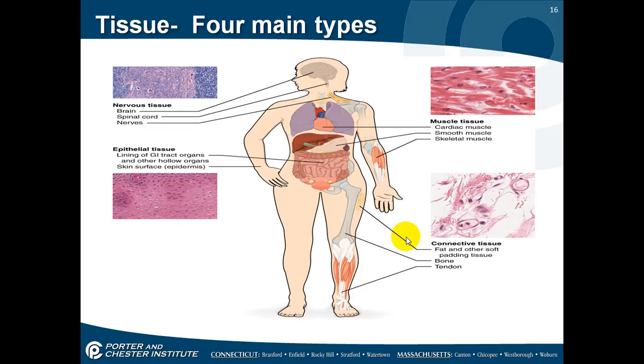Three types of muscle tissue include cardiac or heart muscle tissue, smooth muscles, which are inside the body and help with digestion, and skeletal muscles, which are attached to bones and help you move. And then connective tissue is fat and other padding tissue, bones, and tendons.